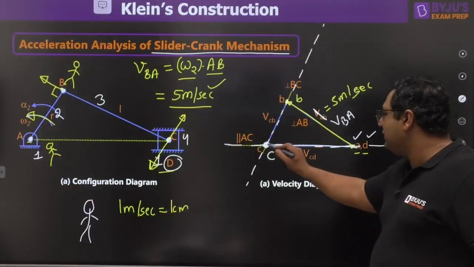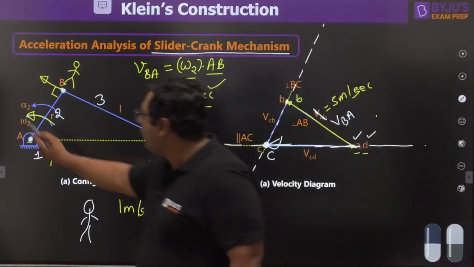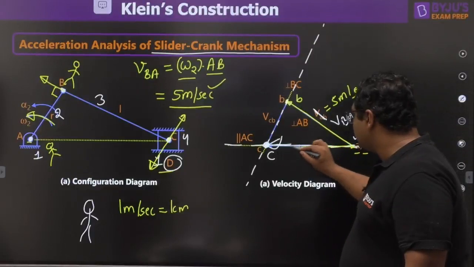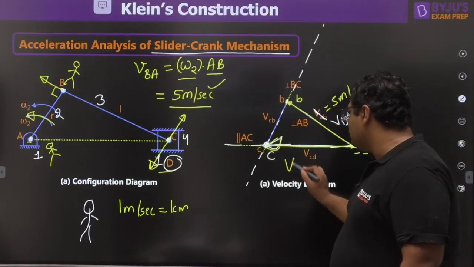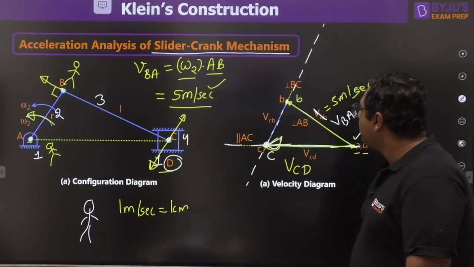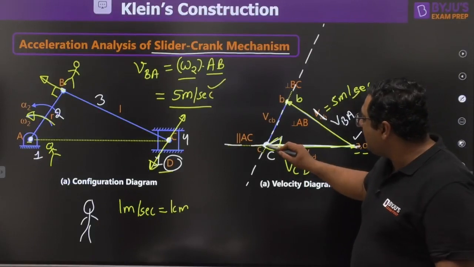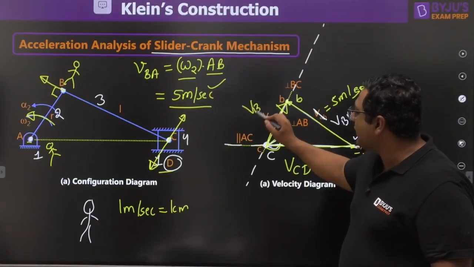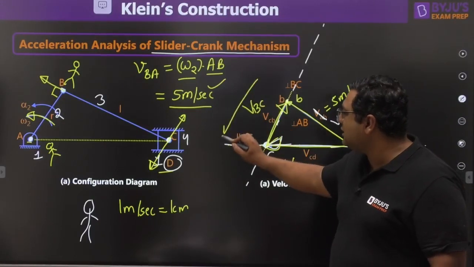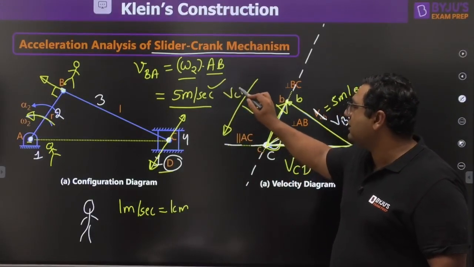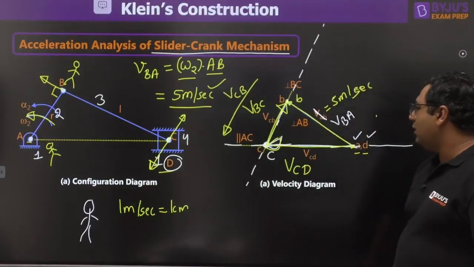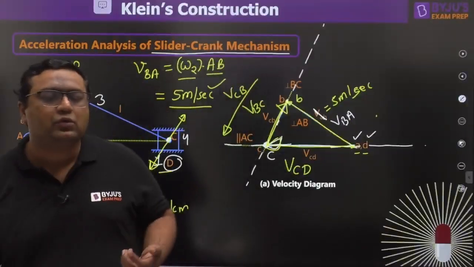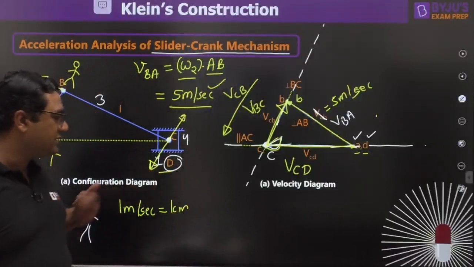If you are showing the arrow like this, then this is the velocity of C with respect to D. And if I am making the arrow like this, then it is going to be the velocity of B with respect to C. And if you show it this way, then it will become the velocity of C with respect to B. So in total, we have made this velocity diagram with the normal rules to plot, with the normal concept.